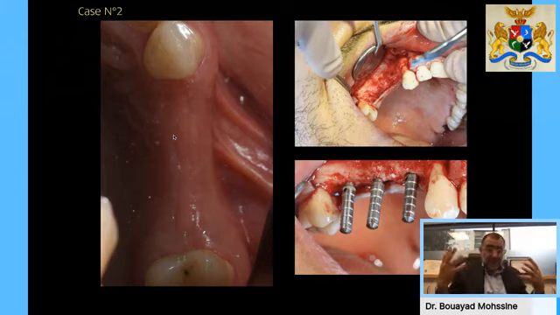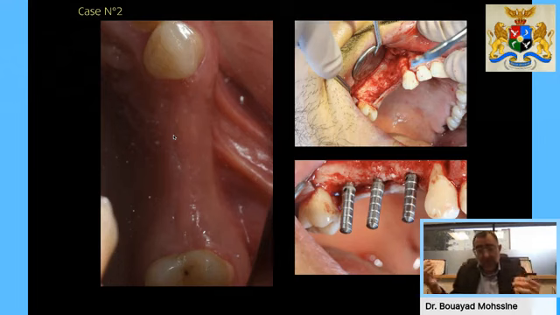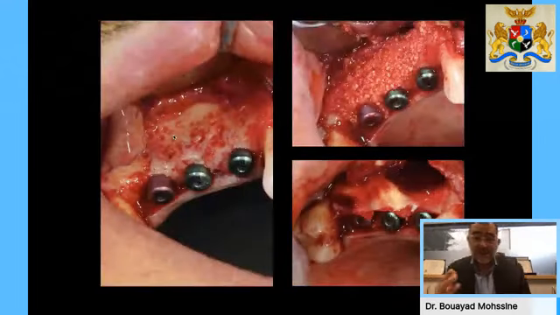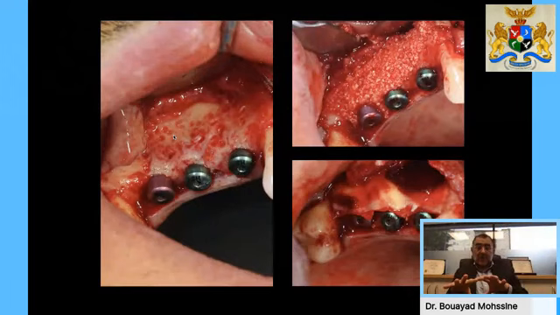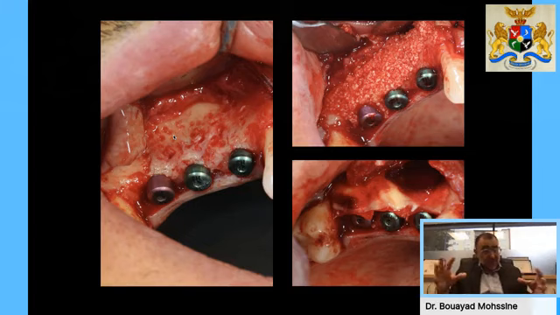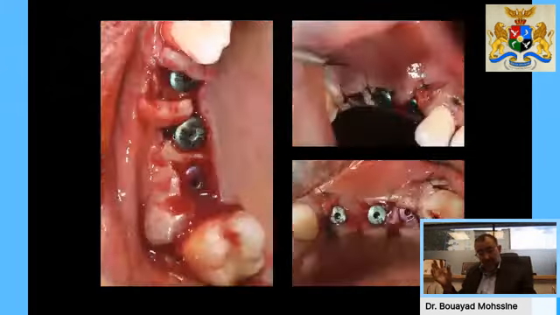In this case, we place the implant in native bone, and we place the sticky bone over the natural bone, and in the same stage we place a connective tissue graft to create a good volume of soft tissue during the healing.